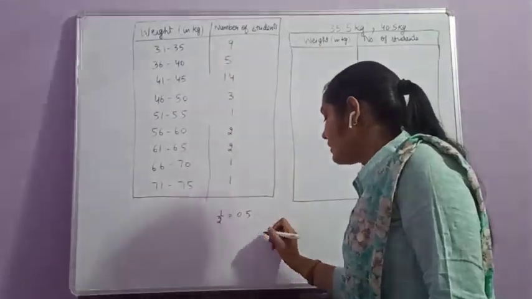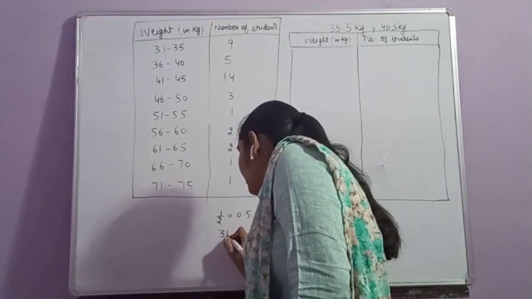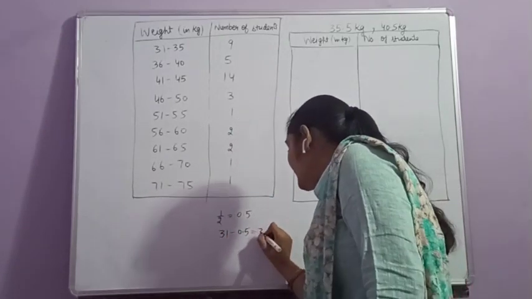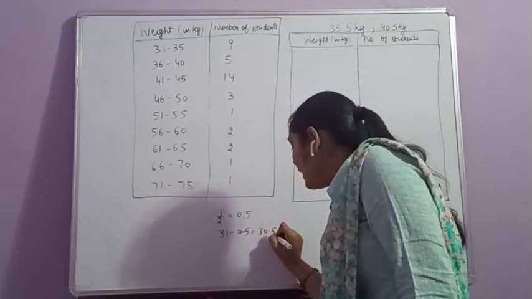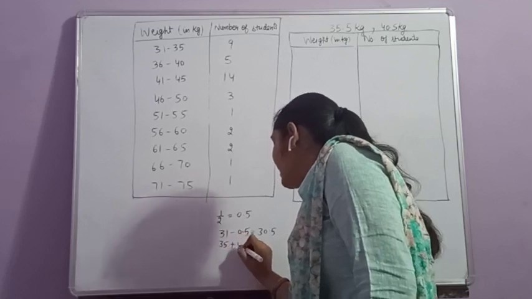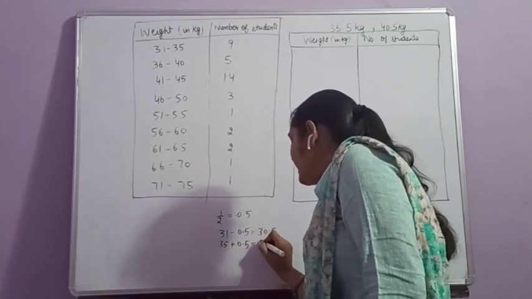If we subtract 0.5 from 31, that will be equal to 30.5. And if we add 0.5 to 35, then it will be equal to 35.5.